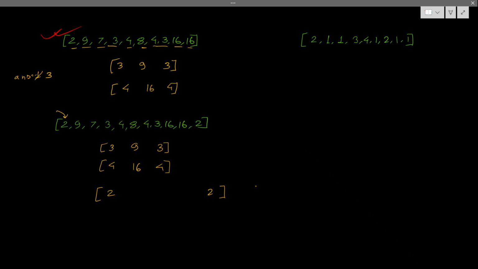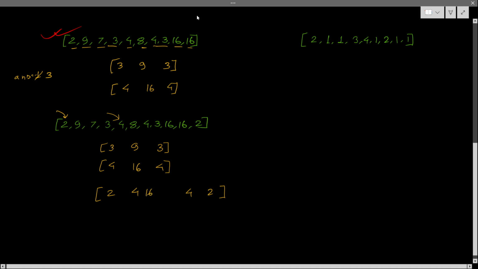After that, the square of 2 is 4. Is it present twice? Yes, it is present twice. I will add 2 number of 4. What about 16? 4 squared is 16. How many times is it present? 2 times. So right now I am adding 2 times 16.